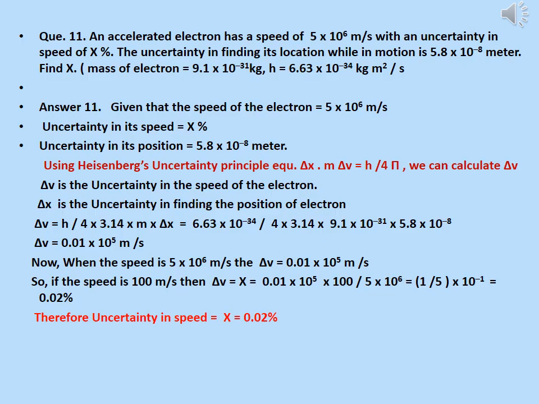That is equal to, after simplifying, 1 by 5 into 10 power minus 1. 1 by 5 is 0.2. So 0.2 into 10 power minus 1 is 0.02. So 0.02% is the value of x.